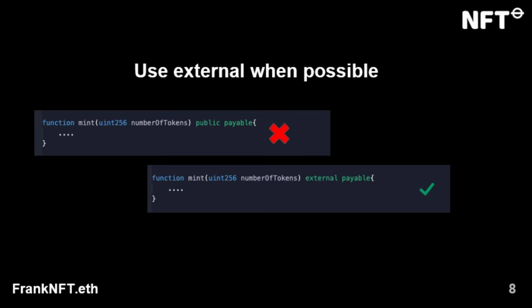Public means anybody can call it, from inside or outside the contract. The problem with this is whatever you're giving in as parameters will be copied over into new variables. If you're using external, it's not doing that, so it's consuming less gas. Your mint method, you're probably never going to call it from the contract itself. Make it external.